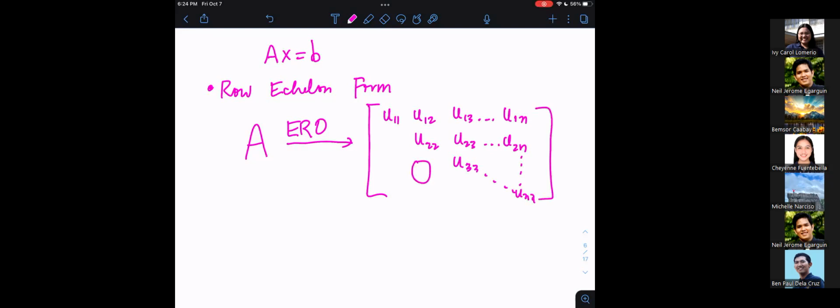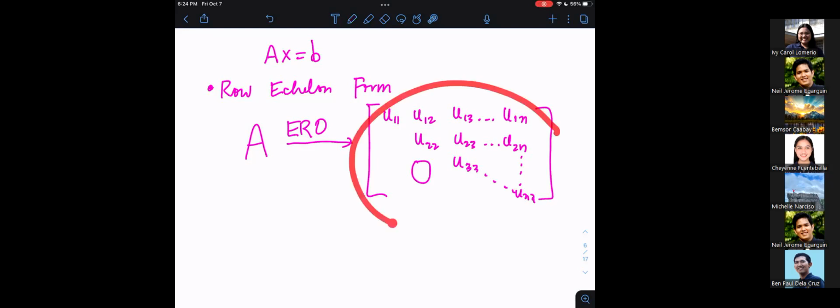When we say an upper triangular matrix, all the entries below the main diagonal are zeros. So it looks like U11, U12, U13 until U1n, then U22, U23 until U2n, U33 all the way up to UNN. Then the entries below the main diagonal are equal to 0.